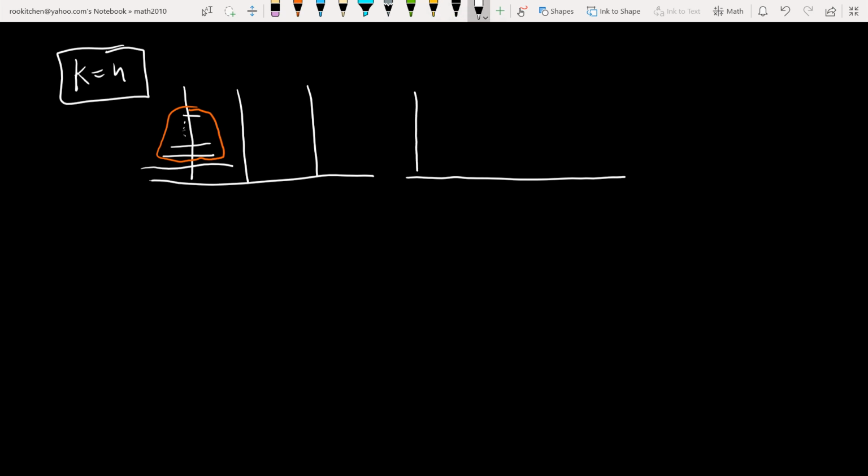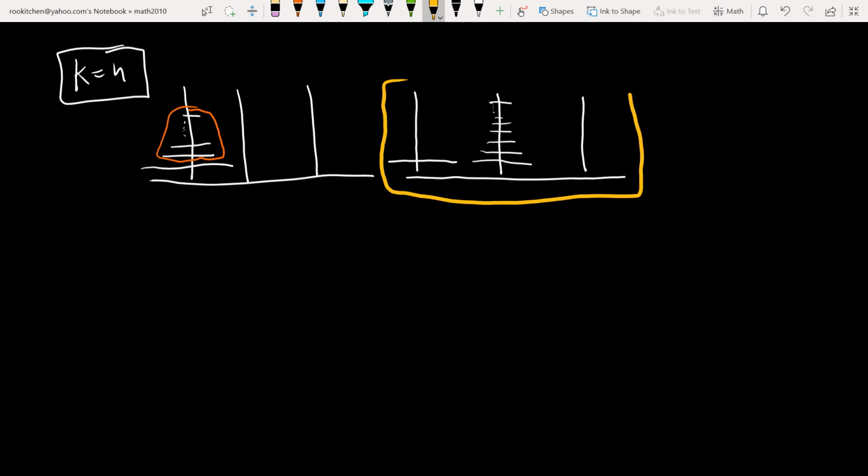Okay, so here we go. I move all that. I leave the bottom one there, and then I move all of the other guys over here. And how many moves does that take? Well, that takes m sub n minus 1 moves, the number of moves it took to move a tower that's one donut less than the current.